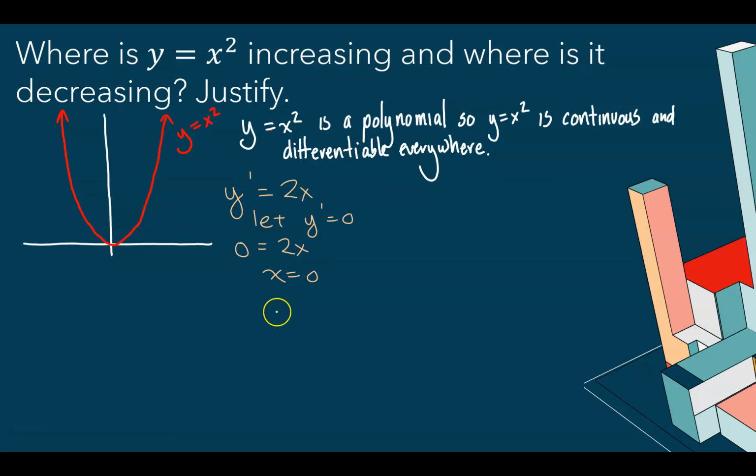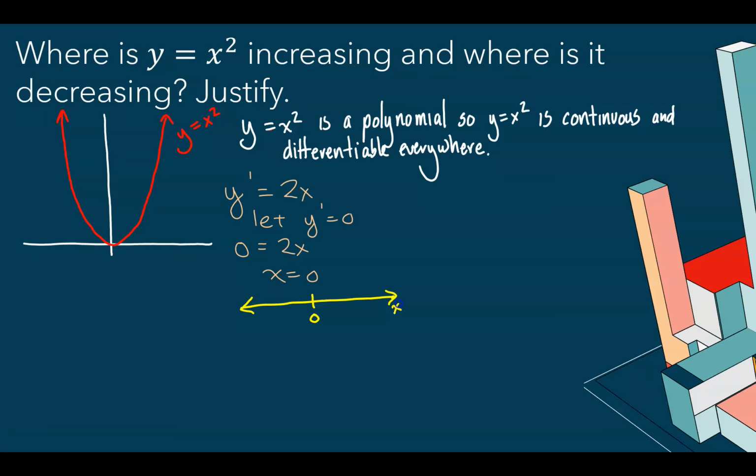Now I have this pre-made, but there are a couple of details I want you to know. Since the domain of x squared is all real numbers, we're going to have arrows on the ends of this thing we're making called a sign chart. We're going to put all critical values and all domain problems on here. So that's just x equals 0.